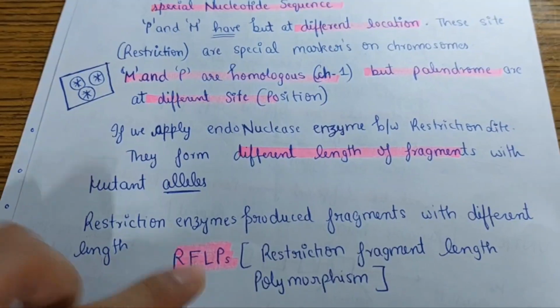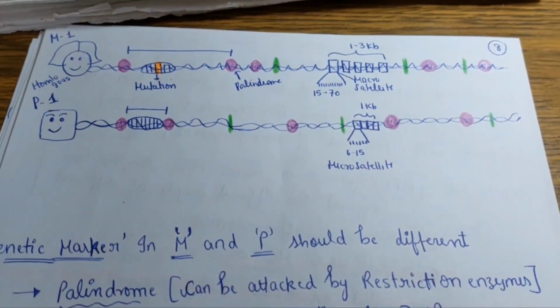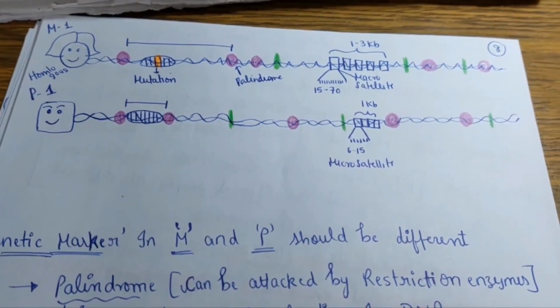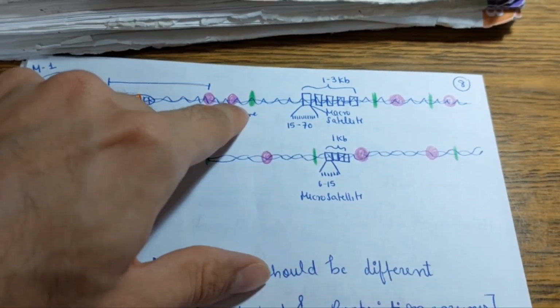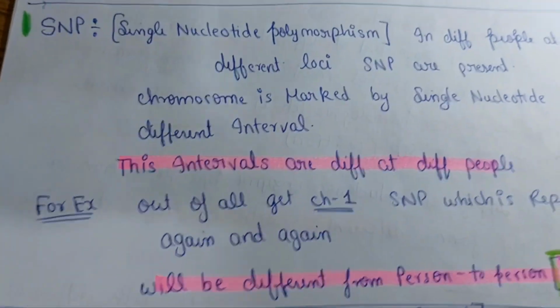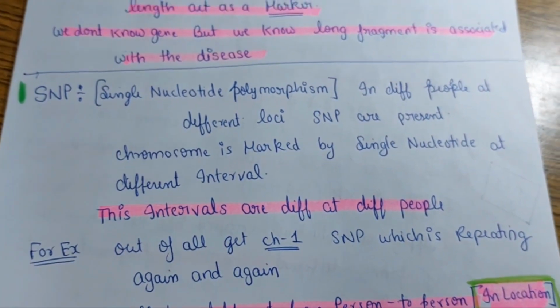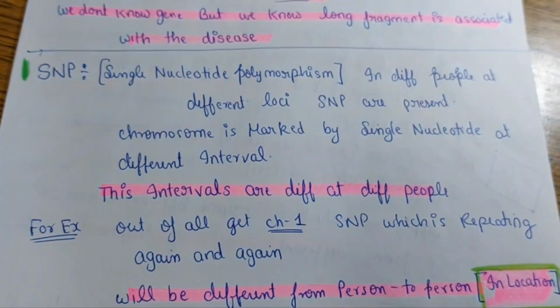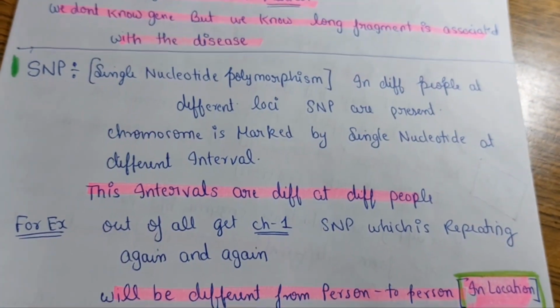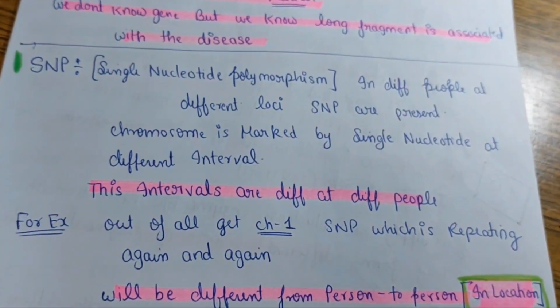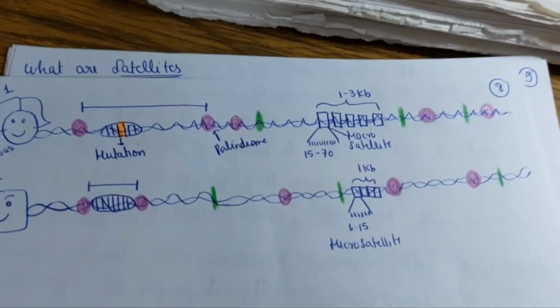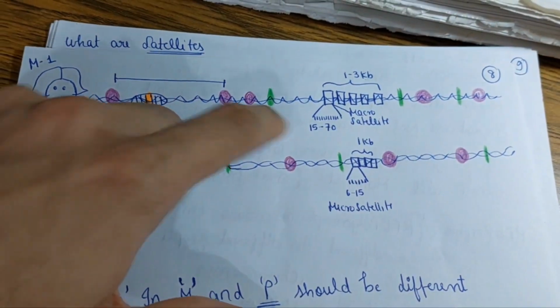Now we are going to see the next type of genetic marker, which is called SNP, here in green, which is represented here in green in this diagram. The full form of SNP is single nucleotide polymorphism. So this means that in different people at different loci, single nucleotide polymorphisms are present. So here we can see in green SNPs, and here also.